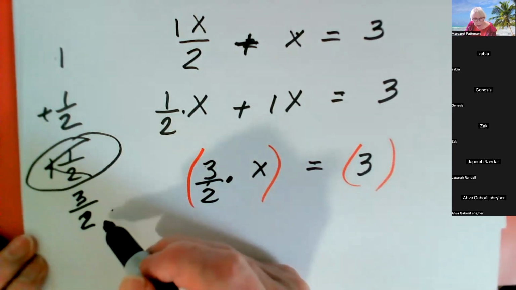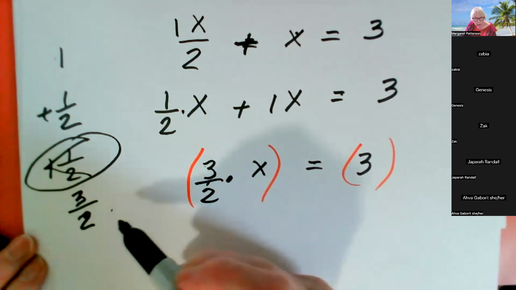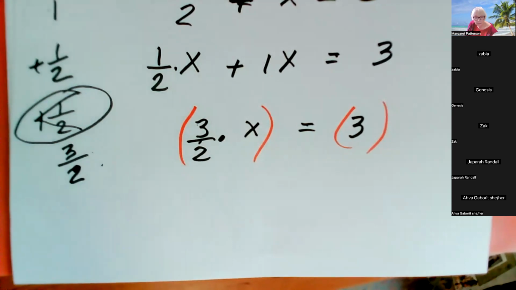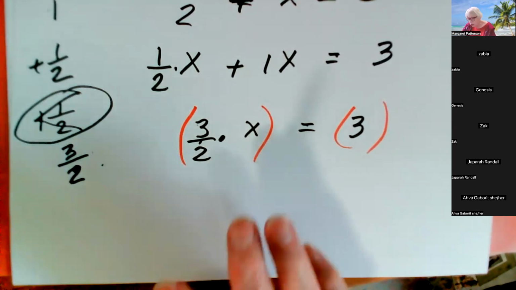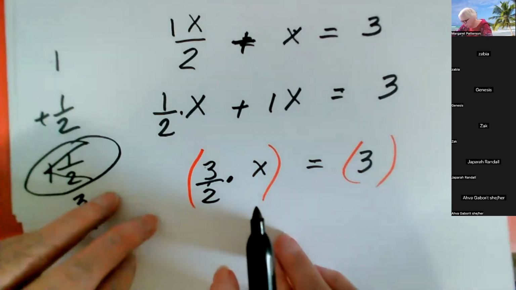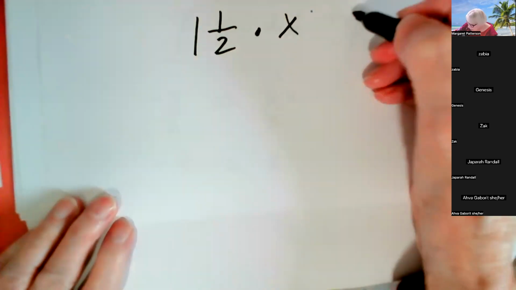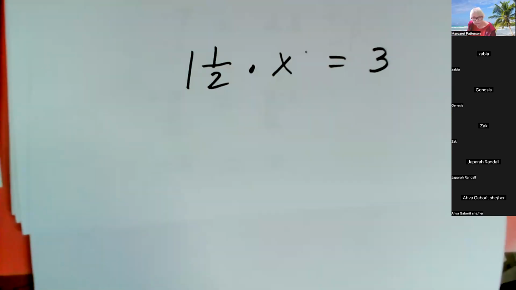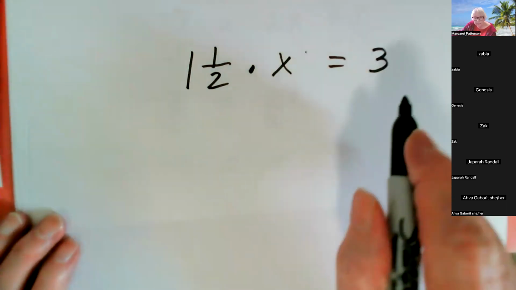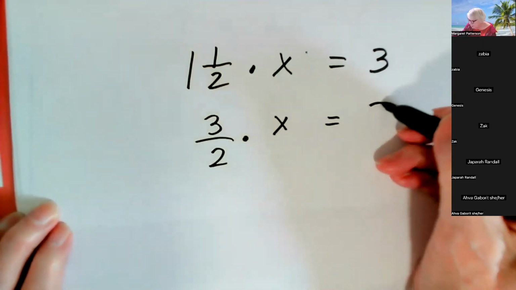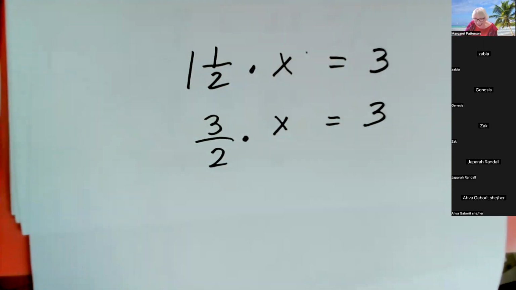But it probably is easier to use 3/2 instead of 1 1/2. You could use 1 1/2, but then it's not as pretty. If you have 1 1/2 times x equals 3, then it's 3/2 times x. It's easier to do it that way, and this is why this becomes preferable.